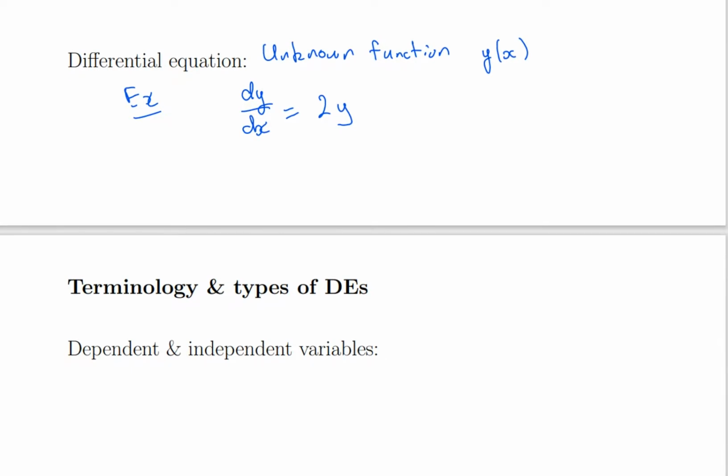Now the variables in there, the x and the y, they play a different role. The x in this case is called the independent variable, and the y in this case depends on x, so it's called the dependent variable.